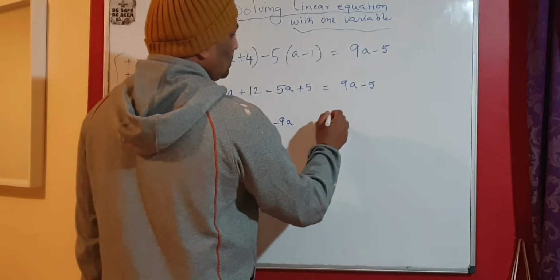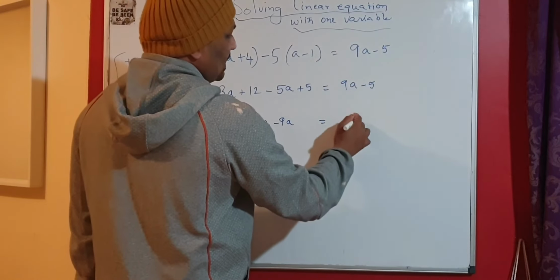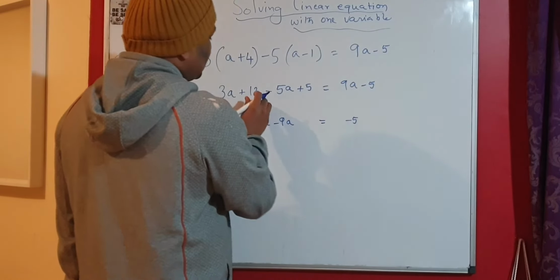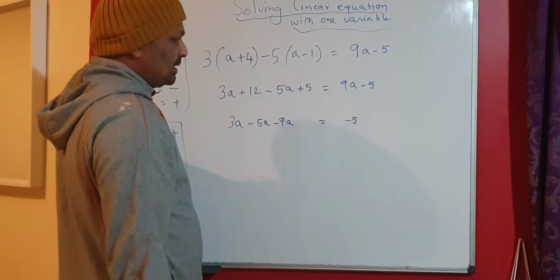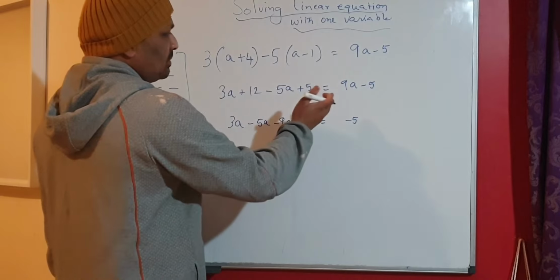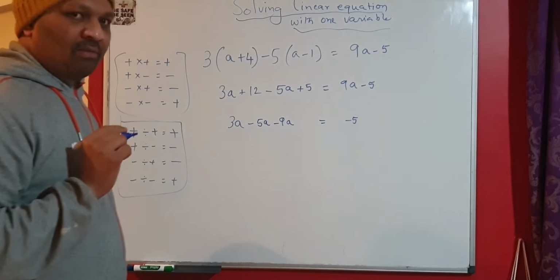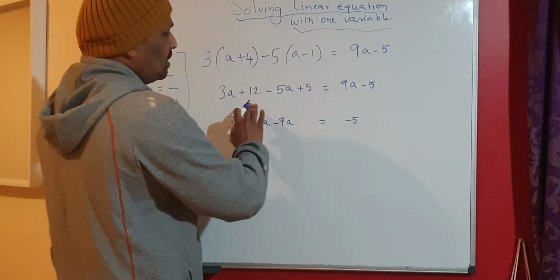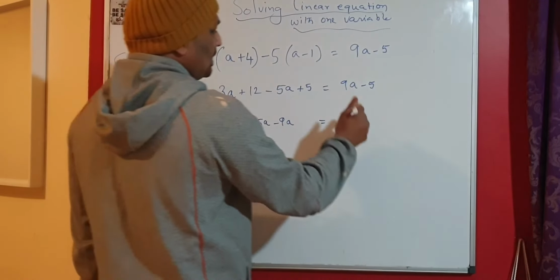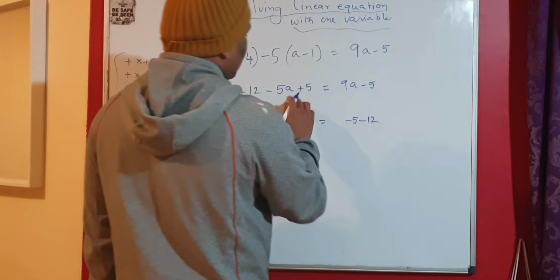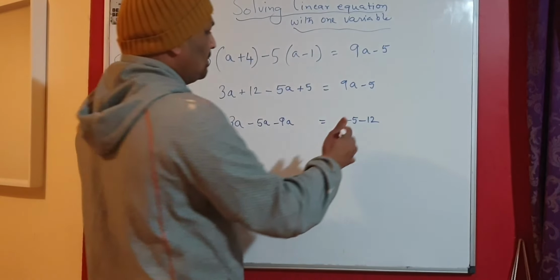Equal to, on the right side we still have a minus 5, and these terms plus 12 and plus 5 we should take to the right side, because we decided to bring all the terms that have unknown quantities to the left side and the terms that have known quantities to the right side. Plus 12, if you take it to the other side, becomes minus 12, and plus 5, if you take it to the other side, becomes minus 5.